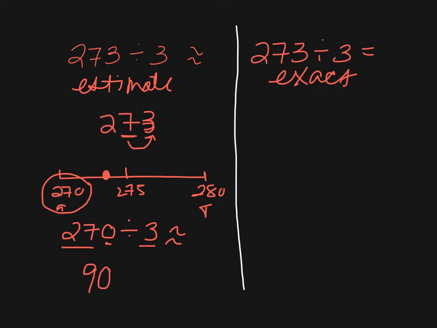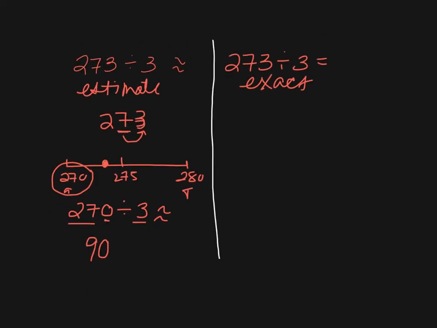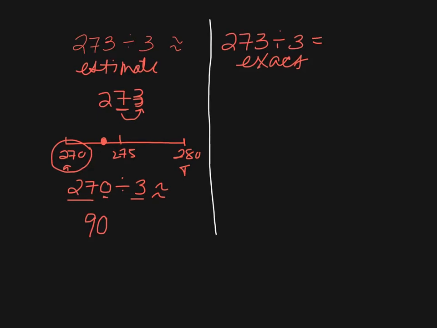Now, if you were to do this long division style, let me just shrink this for a second, you would do 270 divided by 3. 3 can't go into 2, but 3 can go into 27 9 times. Three does not go into 0. Done. So our estimate over here should be about 90.